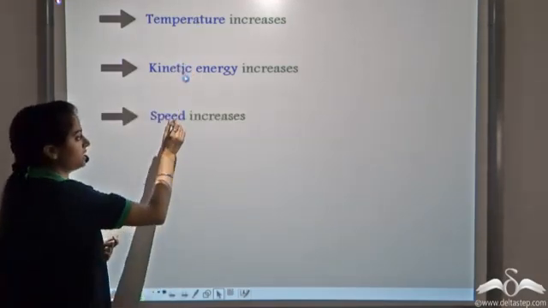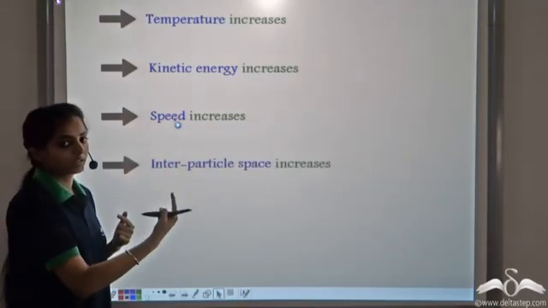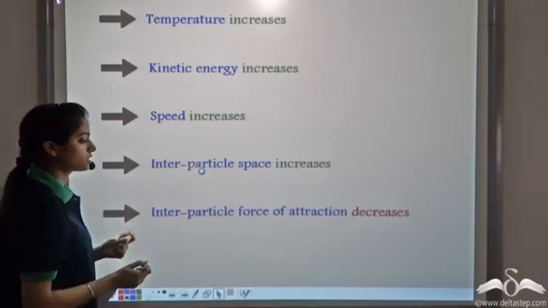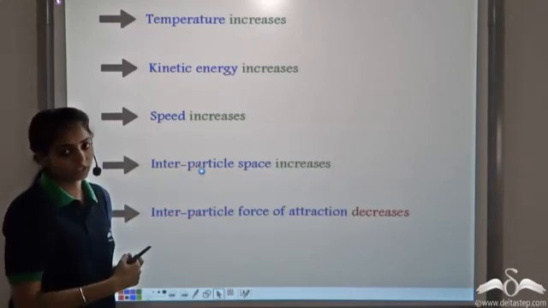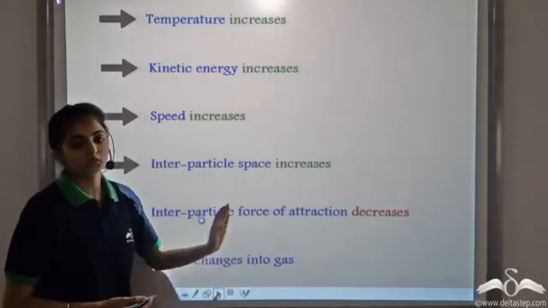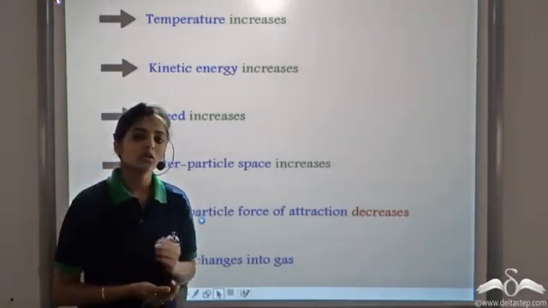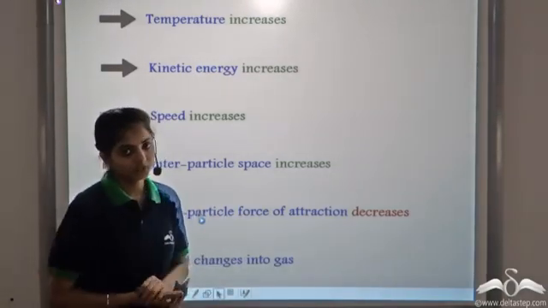This increase in speed leads to a greater interparticle space between the particles of matter, due to which the interparticle force of attraction decreases, and this leads to the liquid changing into the gaseous state. So this is how a liquid changes into the gaseous state, or this is how boiling or vaporization takes place.